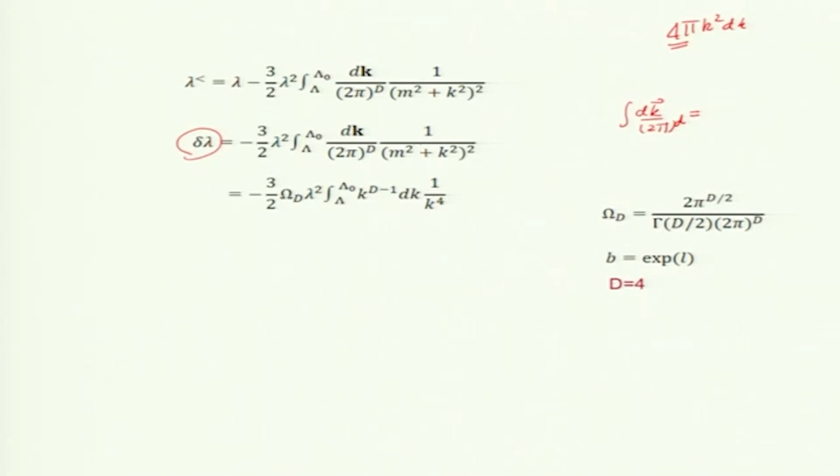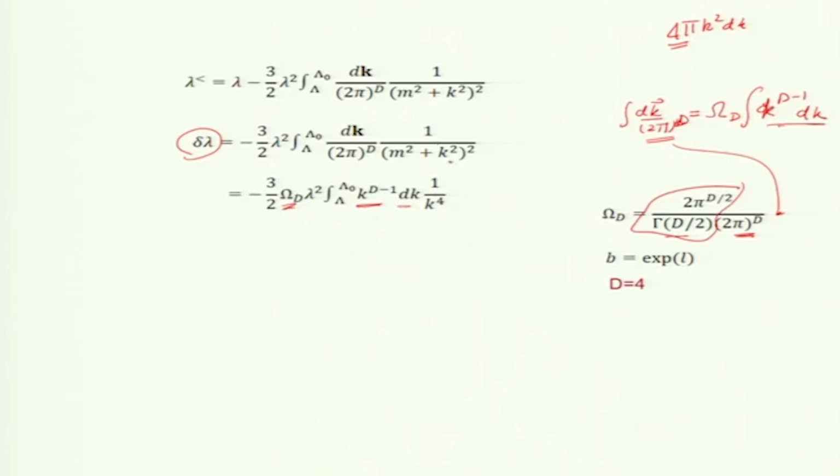So, in d dimension, what do I expect? Omega d, in fact, also includes this 2 pi to the power d. This part is the surface area and 2 pi to the d is this stuff, omega d integral k to the power d minus 1 dk. That is the formula for the volume element, omega d k to the power d minus 1 dk.